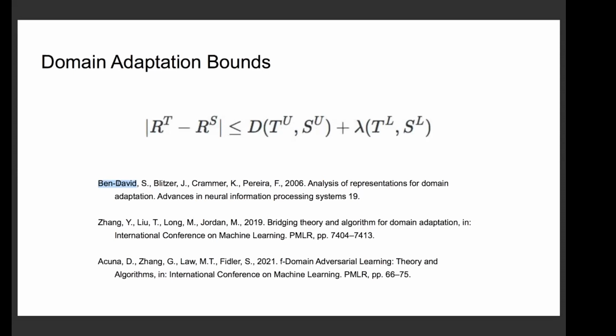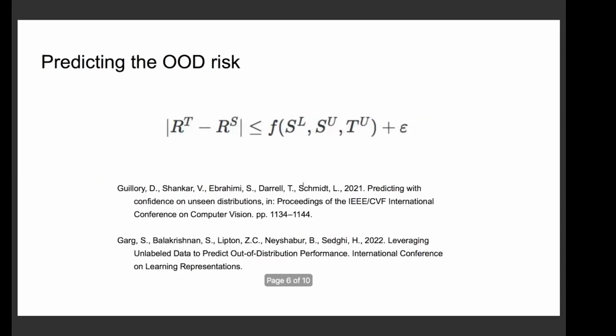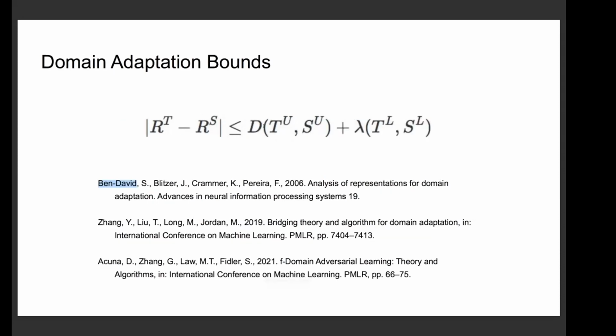This is a functional to compute the discrepancy between distributions, and they have extended it to unlabeled data sets. Other people have extended the total divergence to f-divergence, which is a more general class of divergence. So this is a distance between unlabeled data.